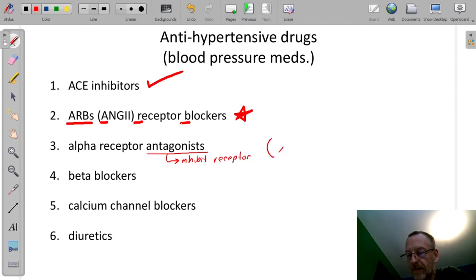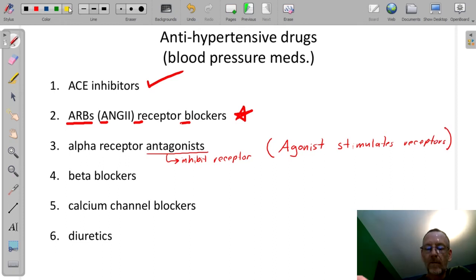An agonist stimulates a receptor. Okay, so where are alpha receptors and how could that lower blood pressure?